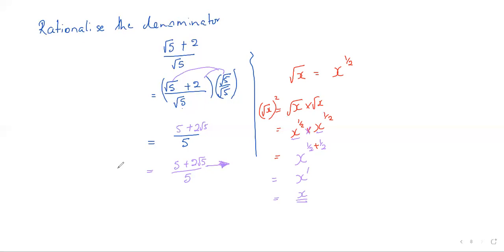Let's do another one on rationalization. And this one will be y minus 4 over the root of y plus 2.